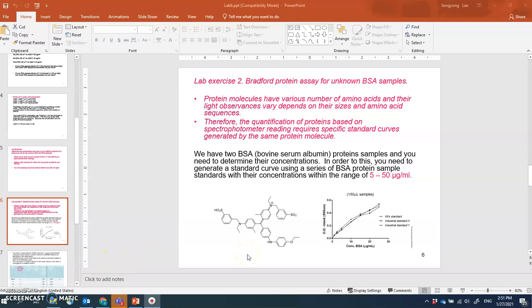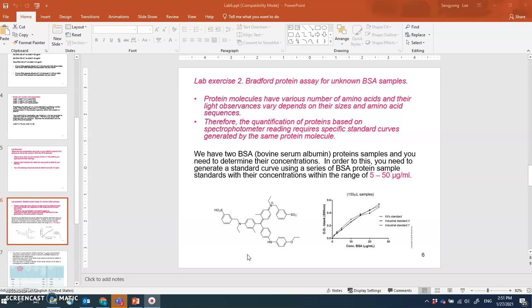Among those different chromogenic substance choices, I think Bradford assay solution is the most prevalently used because it has such a nice spectrum, especially in terms of the range it can cover.